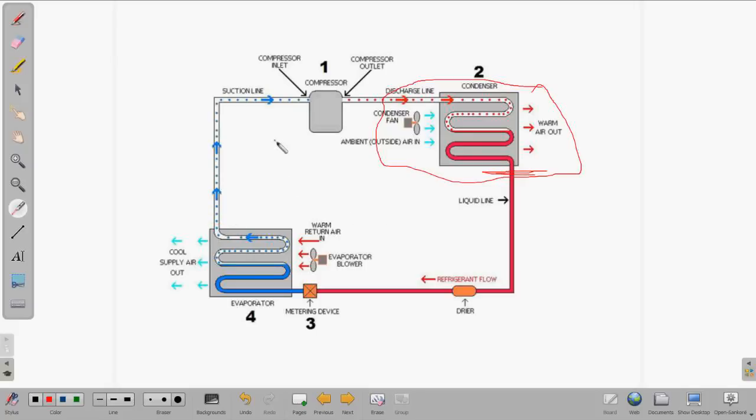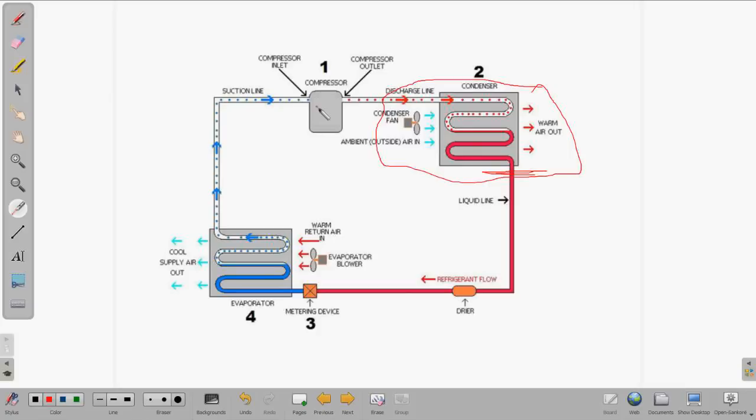So our superheated vapor comes back to the compressor inlet and is compressed. And you remember from Module 1, if you compress a vapor, the temperature rises in proportion to the pressure. So as the pressure increases, so does the temperature.